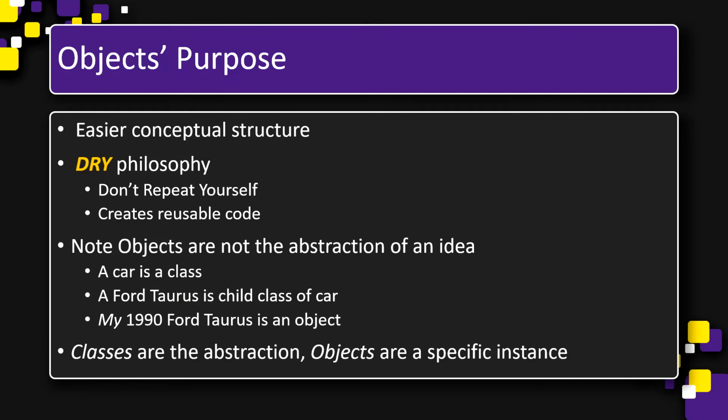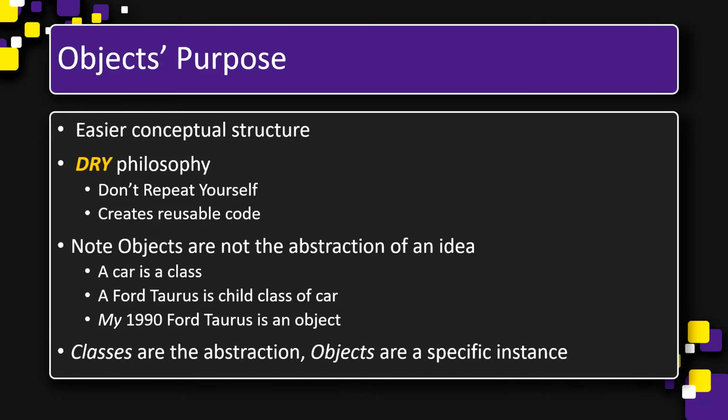Well, it really comes down to having an easier conceptual structure. We are very good at taking things that we see in the real world and translating those things into pieces of data, generally speaking. This is something that human beings are good at, and it's something that's a widespread skill. So representing that in our code makes sense. The other thing is following a DRY philosophy.